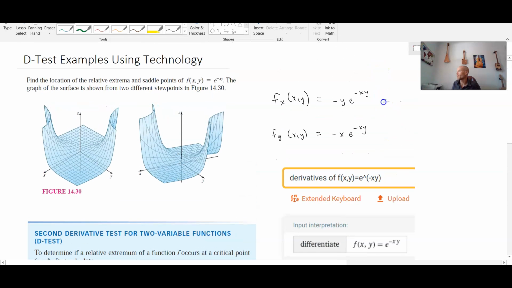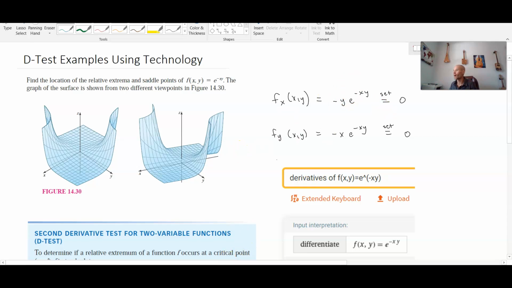So we need to set this equal to 0, set this equal to 0, and we need to solve this system of equations. It's not linear, but it's still possible to use Wolfram Alpha to help us solve it.